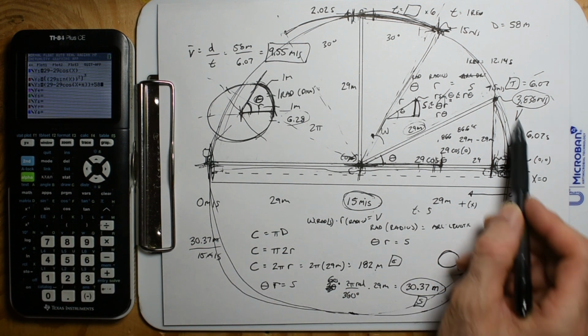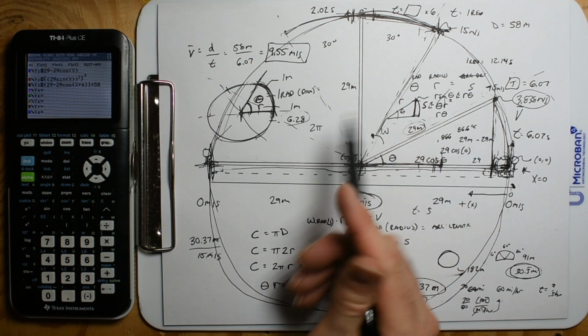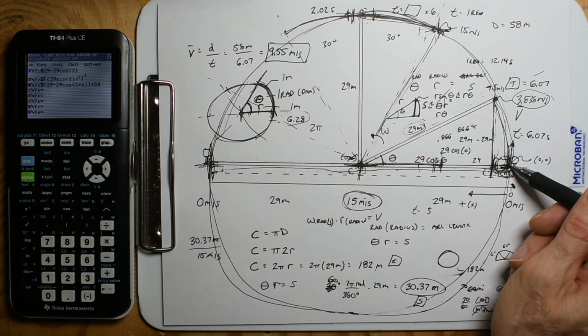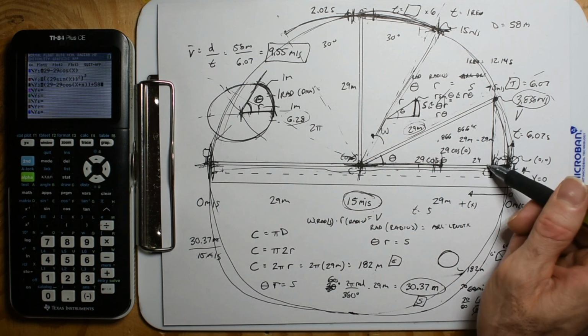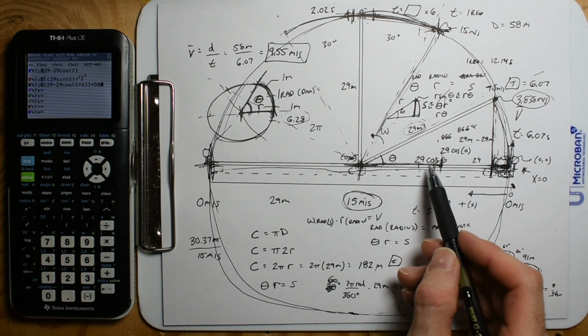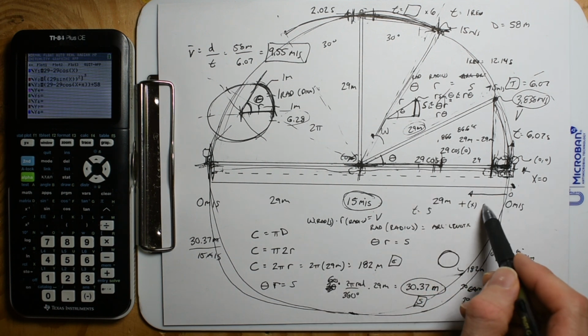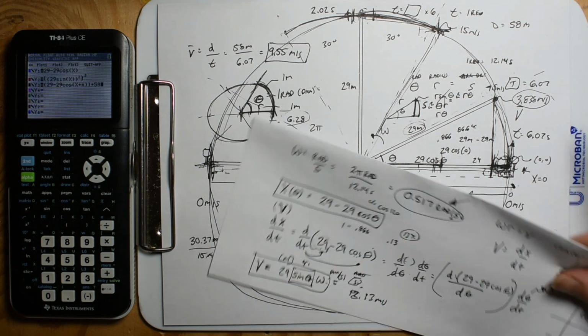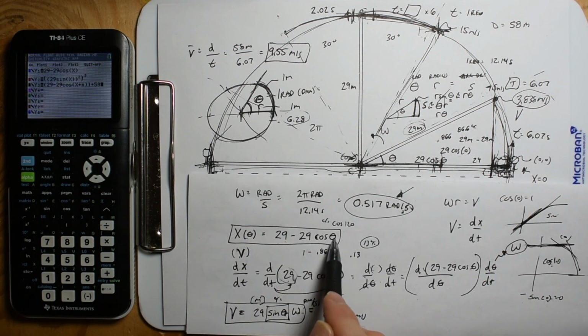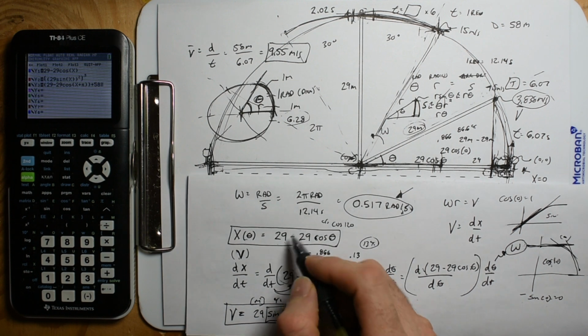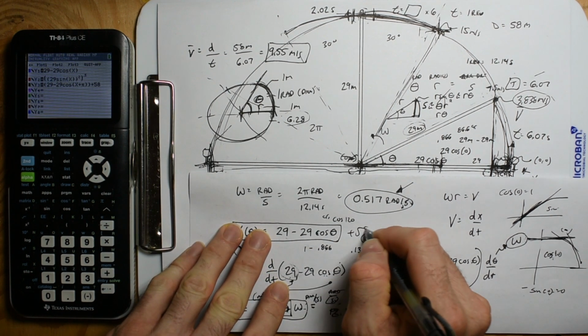Because once we get to this point, we're already at 58 meters, and then we're going to start this process over again, and then we want to go this distance. So we want to go 29 minus 29 cosine theta. But we're starting this plus 58.